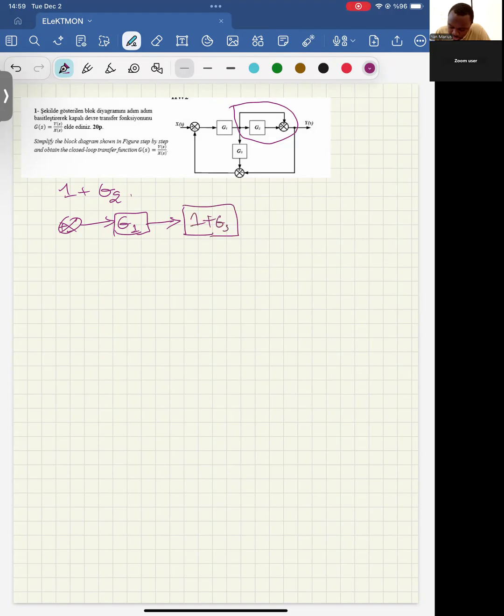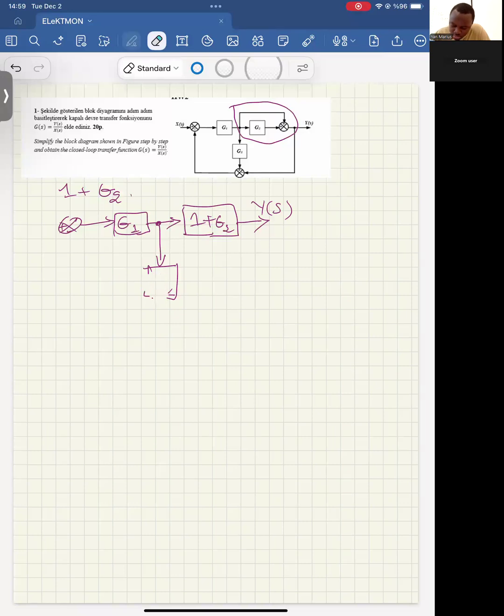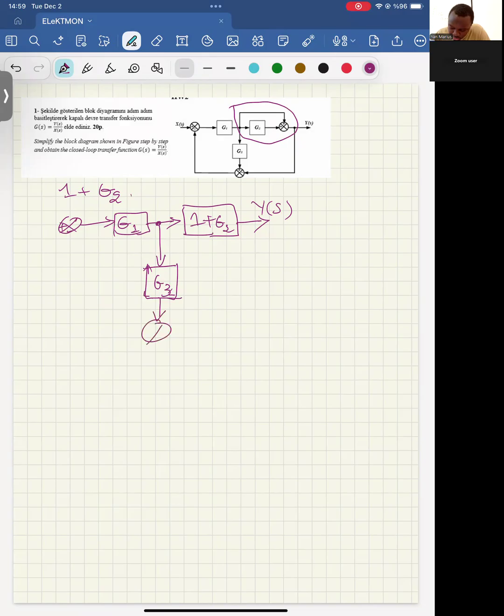One plus G2, and this one is G3. Okay, so we simplified our block diagram from here.